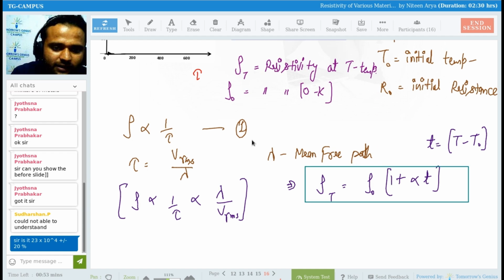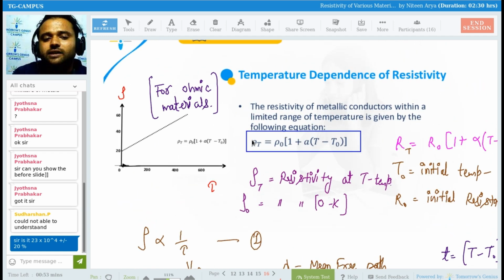Sir, can you explain that graph? Yeah, why not. What is the meaning of this particular graph? Even at 0 degree, it is going to give you some value, which is rho naught (1 + alpha T naught). This is the resistivity at 0 degree, or you can say 0 Kelvin.